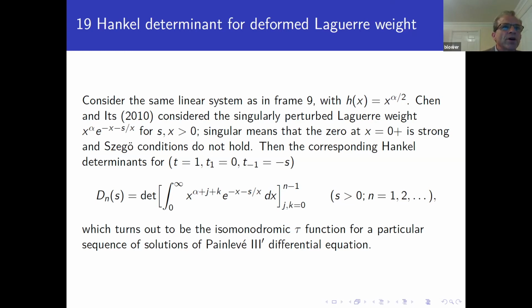So we form the product of the modified Laguerre weight against x to the power j plus k, where j and k are integers running from 0 to n minus 1. This gives a matrix with the characteristic Hankel style because it's j plus k, and then we form the determinant of these moments where j and k run from 0 up to n minus 1, and this is conventionally written as D subscript n of s.